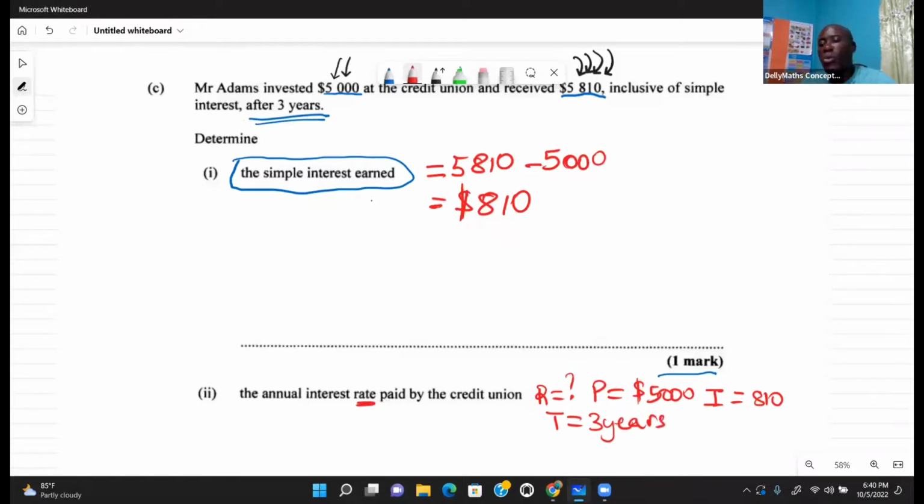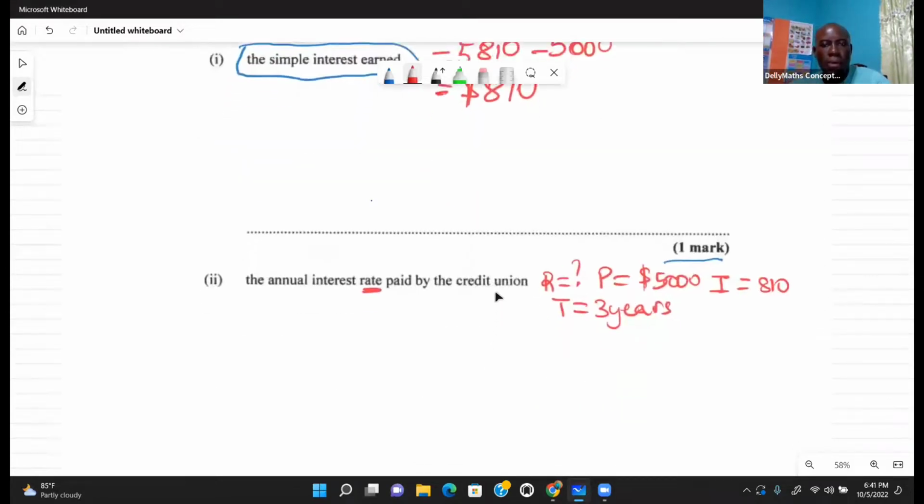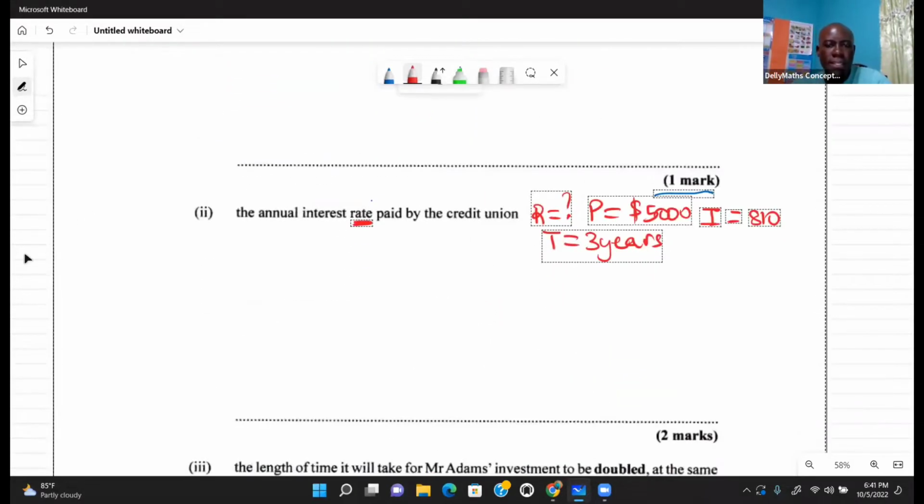So we got that information. This was what we were saying in the last class. If at all, they're going to ask you for one of the 4 things, they're going to give you 3, whether directly or indirectly, and ask you to find the other. So being that we have these, we can now proceed.